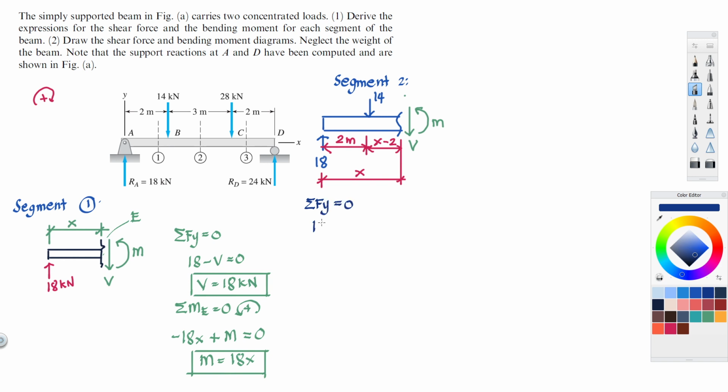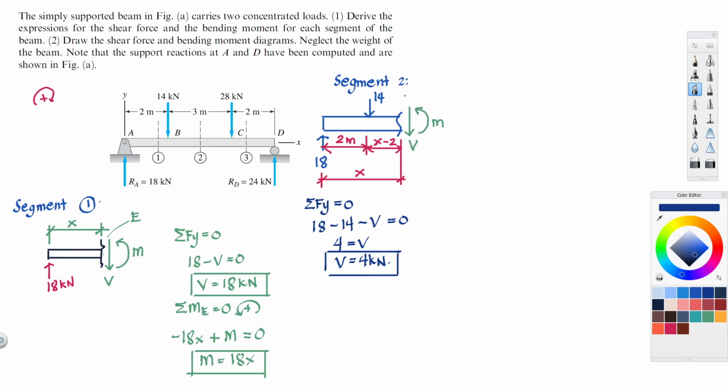So, I can have here 18 minus 14 minus V equal 0. Lipat ko yung V doon, and then 18 minus 14, I will be having is 4. And then that would become equal to V. So, this is now, or yung V equals to 4 kilonewton. This would be our shear equation for the segment 2.